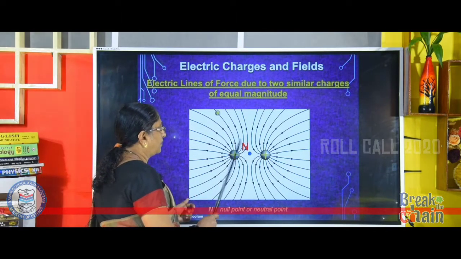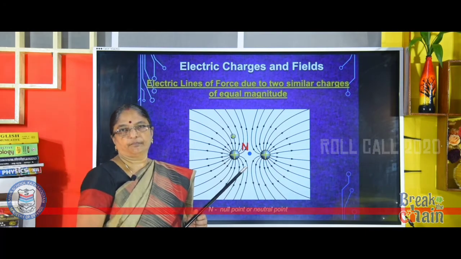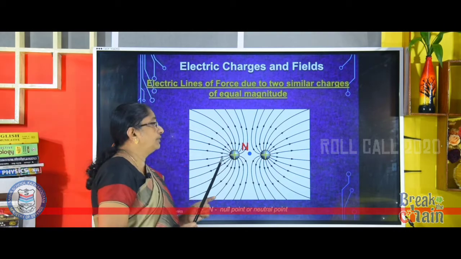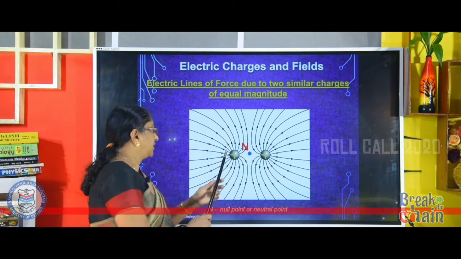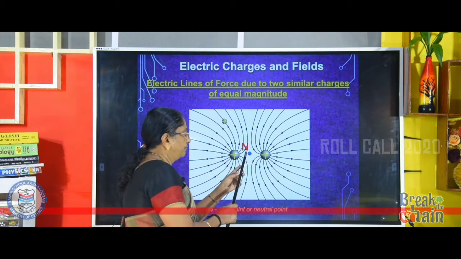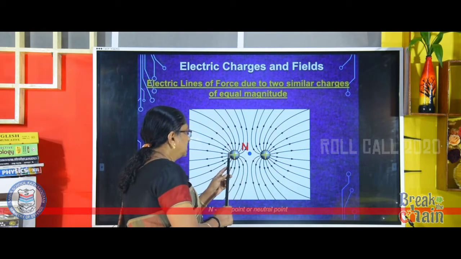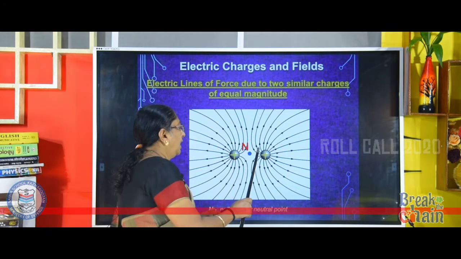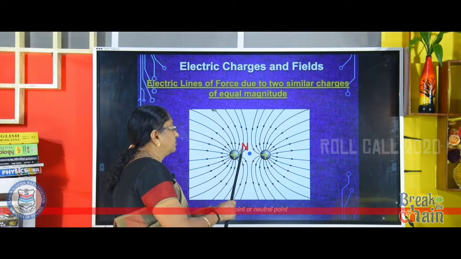So, see this point N. At this point N, the resultant electric field intensity will be 0. That means if you keep a test charge here, the left positive charge will repel it to the right, and the right positive charge will repel it to the left.